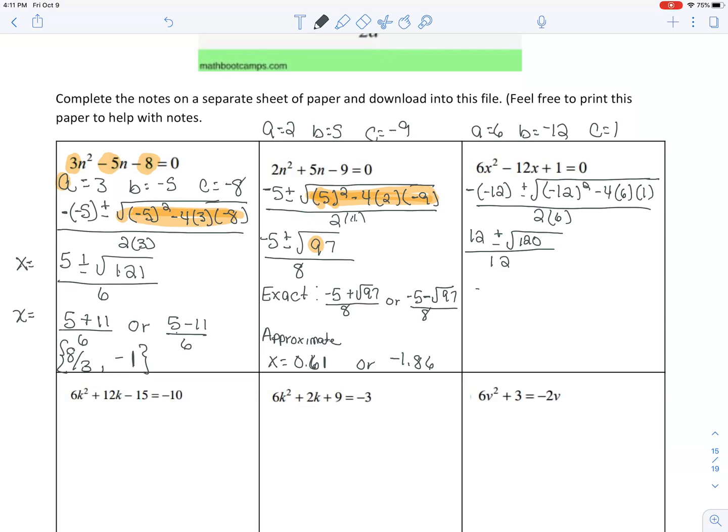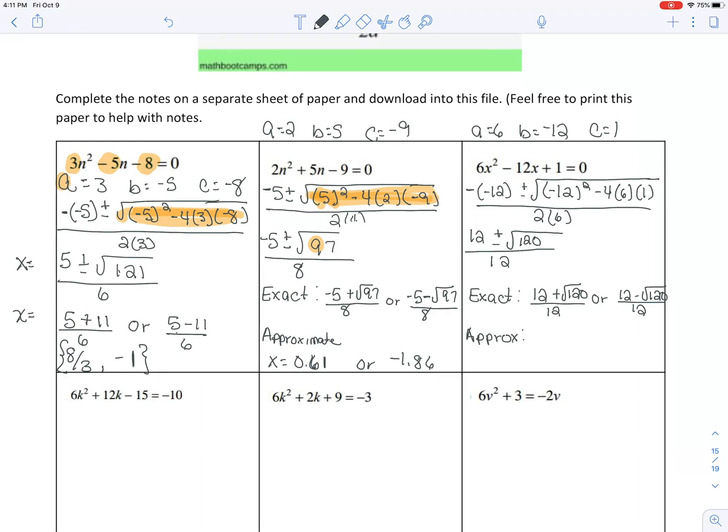over 12. So once again, our exact answer is 12 plus the square root of 120 over 12, or 12 minus the square root of 120 over 12. It is two different answers. Our approximate answer is where we actually take the square root.